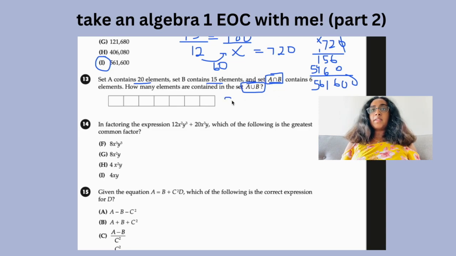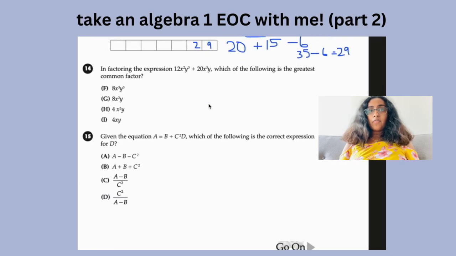We have 20 elements in set A, 15 in set B, and 6 that are part of both, and we don't want to count those twice. So we have 20 plus 15 minus 6. That's 35 minus 6, which is 29. So that is our answer, 29.